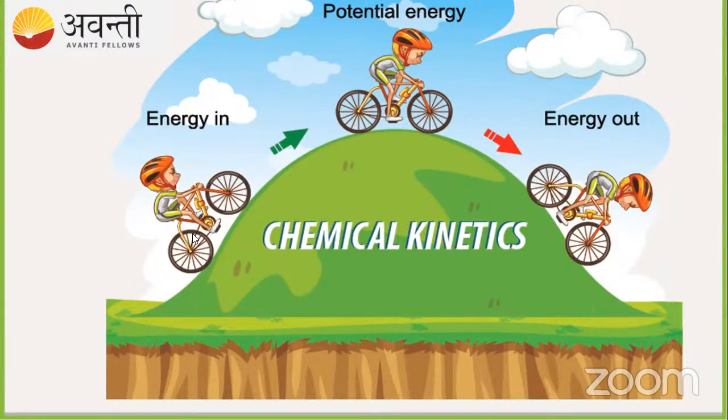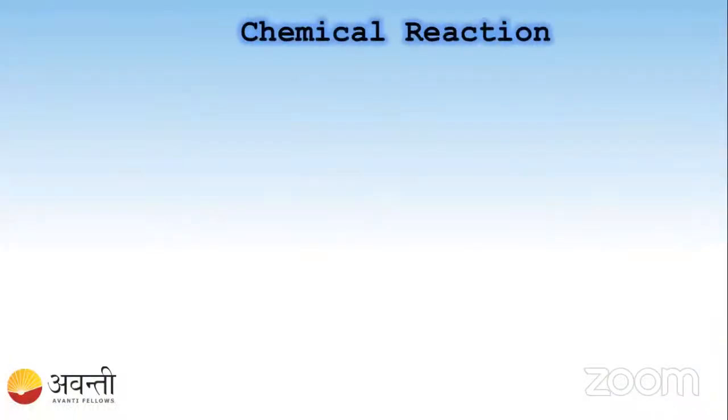Fine. So let me start by telling what this chapter gives you. Let us try to relate what chemistry is, and where this chapter lies in that part of chemistry.